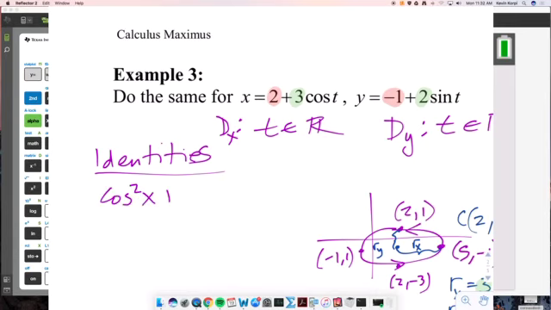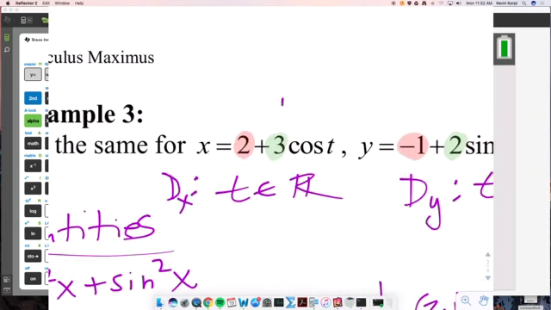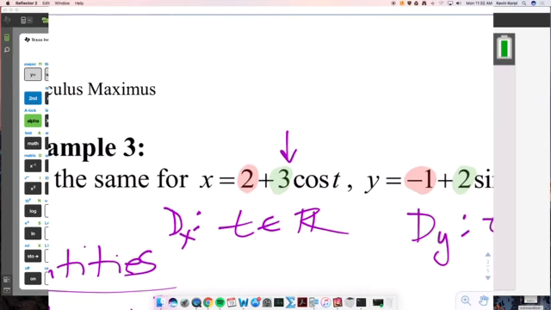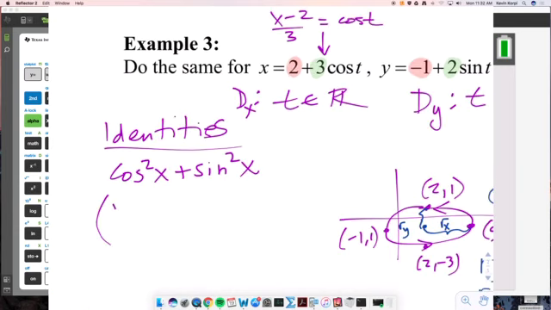Cosine squared plus sine squared equals 1. This is true all the time, right? So instead of solving one for t, let's just solve this one with cosine of t in it for cosine of t. So I get (x minus 2) divided by 3 equals cosine of t. So if I plug in then, I get ((x minus 2) over 3) squared, plus we'll do the same thing for sine.